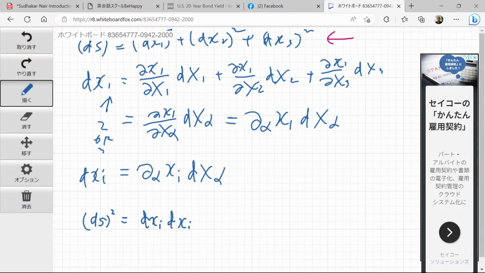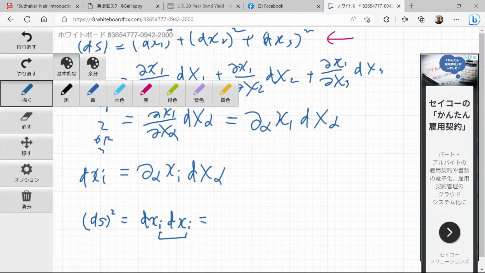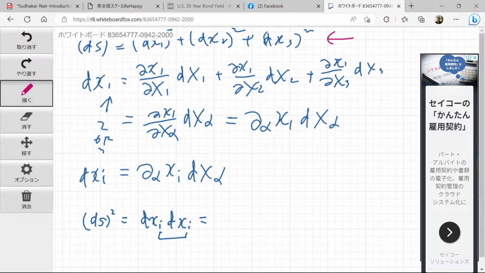This exactly means the same thing. i is a summation. So this goes like this, dxi dxi, right?